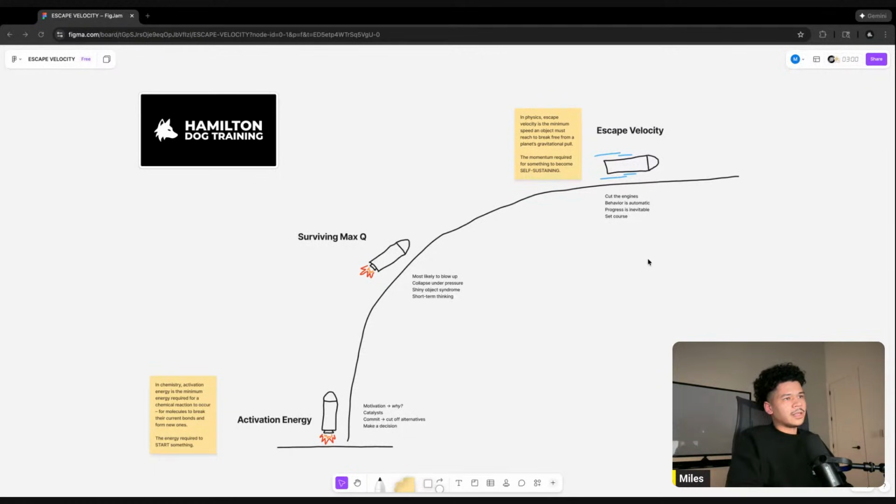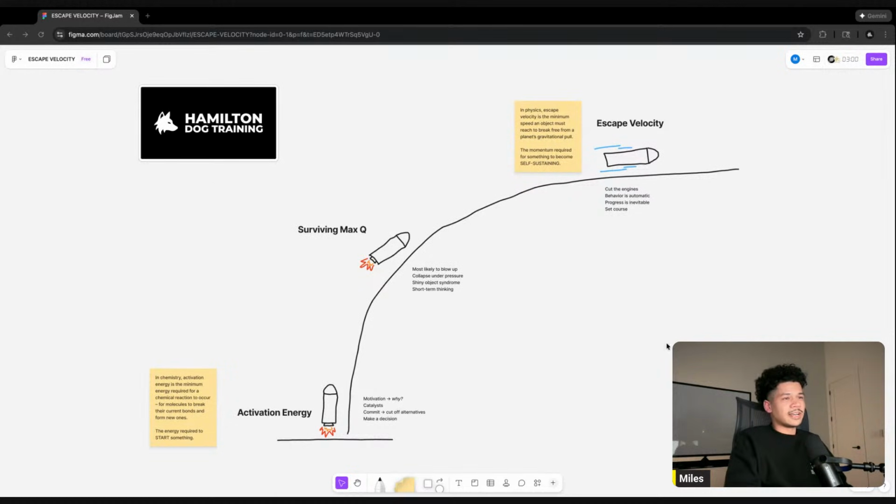So, yes, these principles, although they might seem unrelated, apply directly to dog training and many other areas of your life as well. All right, so let's go ahead and break each one down.